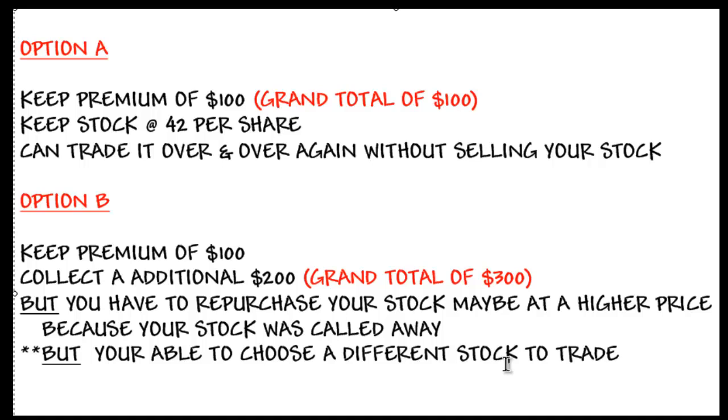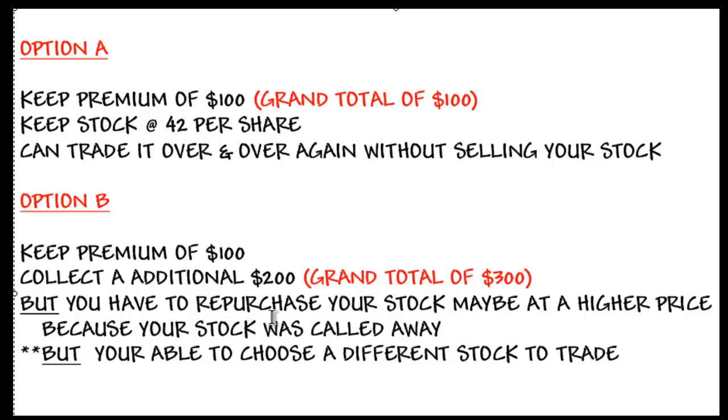But I still prefer option A versus option B because I am able to place this trade over and over again and collect the premium up front without having my stock called away from me, and then thus I would have to purchase the stock back again.